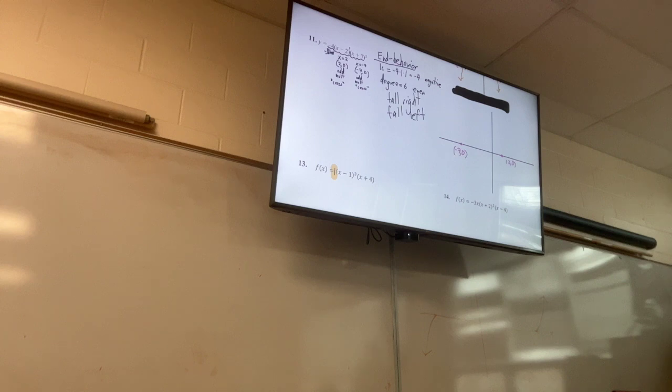Okay, I'm going to fall right and fall left. Okay, so where do I draw my end behavior arrows? Both down, coming out of those points.